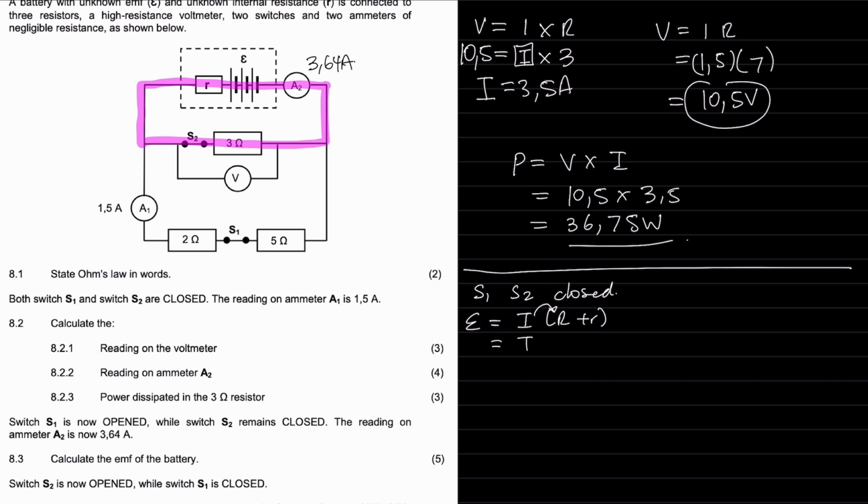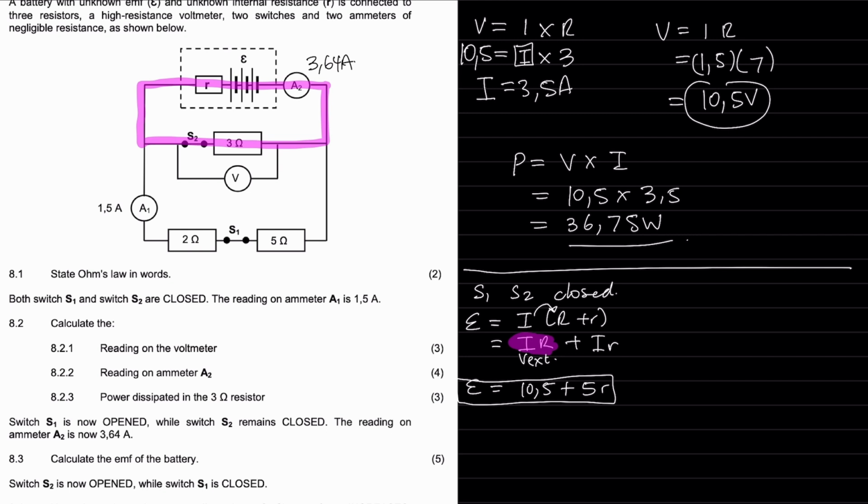So we're going to get IR plus I small r. This IR right here is known as V external. And we worked out the V external in the previous example. The V external was the potential difference across the parallel combination, which was 10.5. So 10.5 plus, and the total current before was 5, and then small r. So this is our first equation.